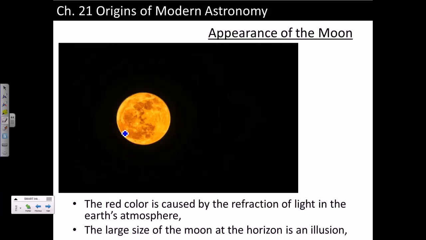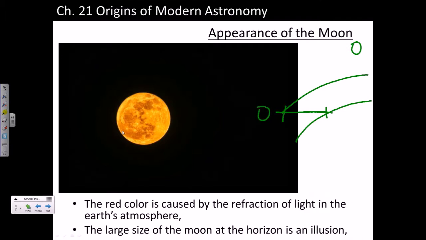There are some interesting features of the moon. You commonly see a really orange moon, and that has to do with how light is refracted through the Earth's atmosphere. When the moon is low along the horizon, it's sending light, which is reflected off of its surface, through a thicker layer of atmosphere than when it is, let's say, overhead.